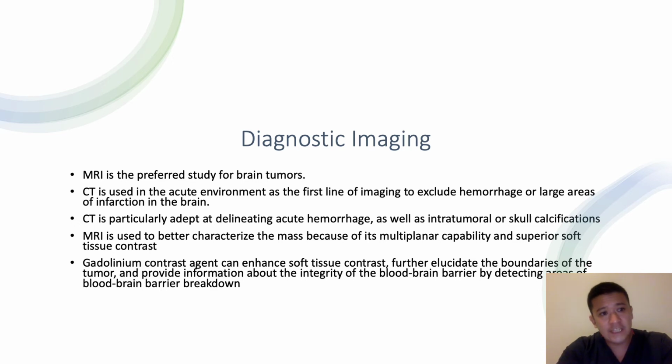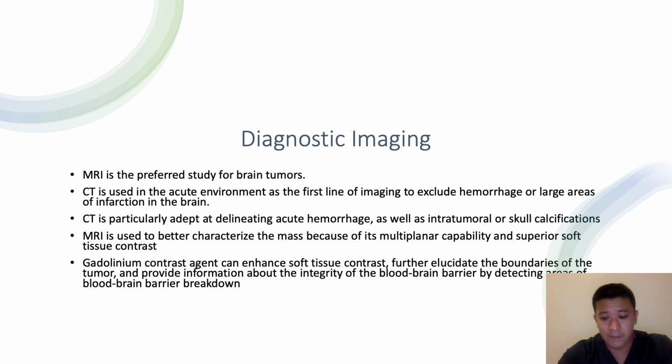Okay, so CT is particularly adept at delineating acute hemorrhage as well as intratumoral or skull calcifications. Now, MRI is used to better characterize the mass because of its multiplanar capability and superior soft tissue contrast.